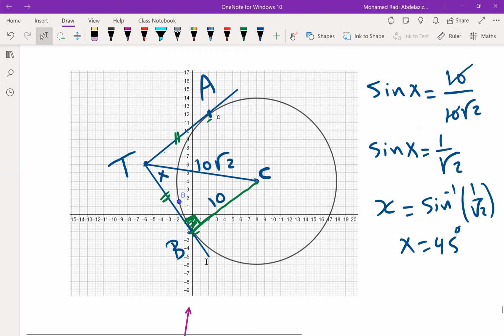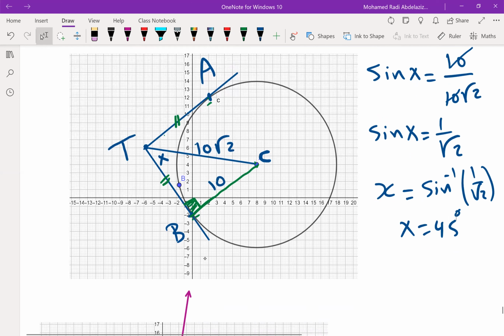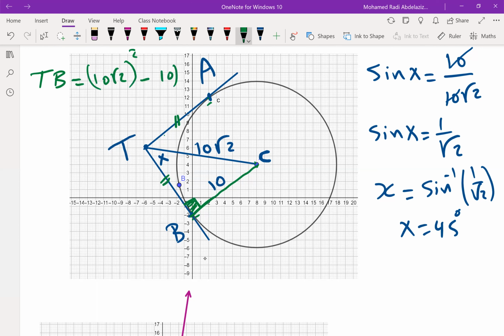Another method: we try to get the distance TB by applying the Pythagorean theorem. TB is equal to the square root of 10 root 2 all squared minus 10 squared, and you will get TB equal to 10. This means this right-angled triangle is isosceles.